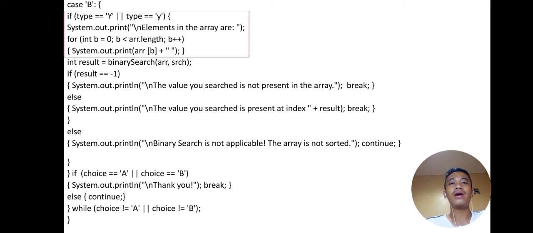So we have if statement right here. Type is equal to big Y or type is equal to Y. So the value of our type is n, so n is equal to big Y or n is equal to small y, which means it is false.